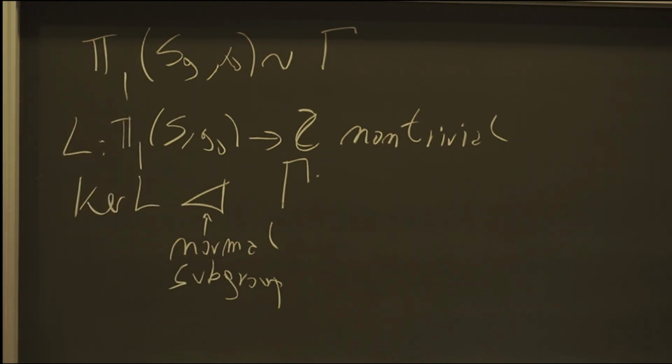Okay? I have plenty of non-trivial normal subgroups. So even though SL2R is simple, the lattices are not simple and are very far from simple, so it has plenty of normal subgroups.